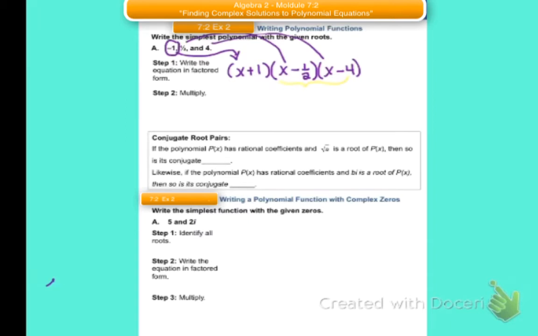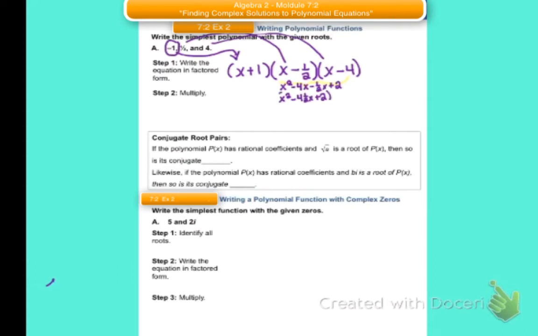When I use FOIL here on the first 2, x times x is x squared. The outside terms give me a minus 4x. The inside terms give me a minus 1/2 x. And the last terms give me a positive 2. Putting like terms together gives me x squared minus 4.5x plus 2.